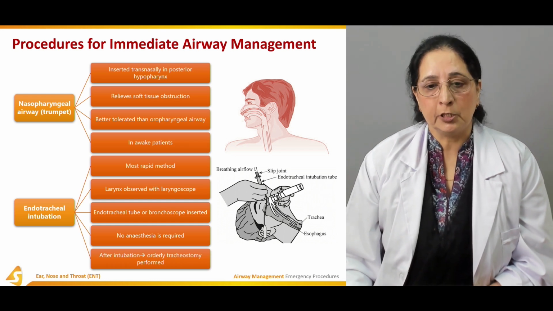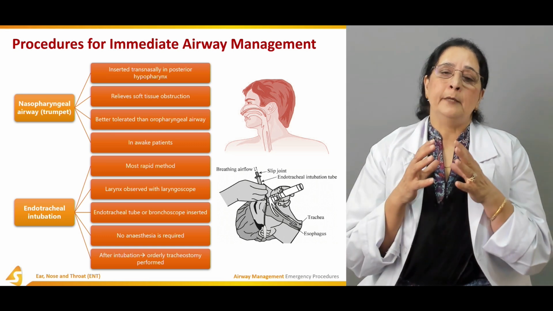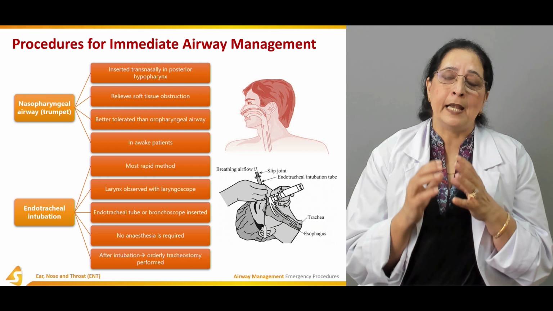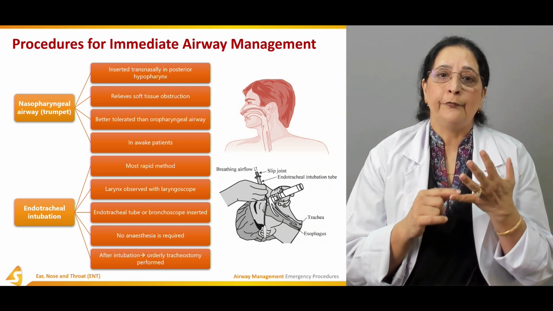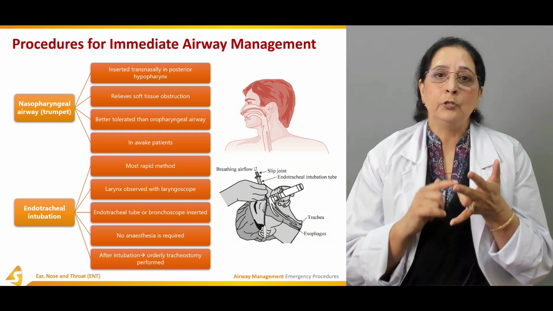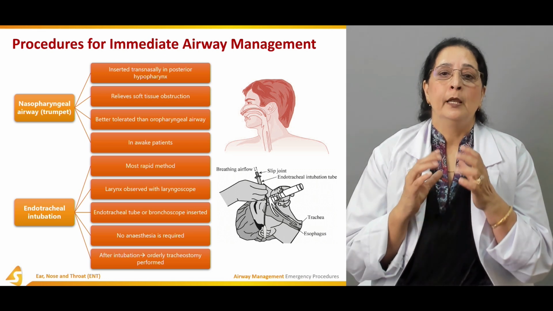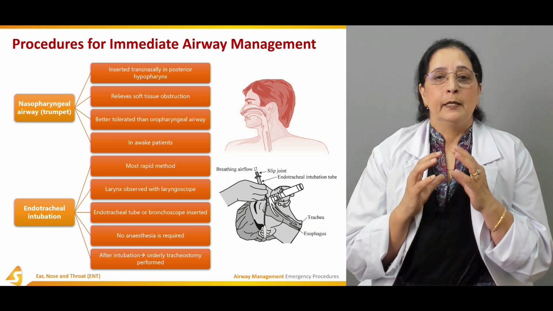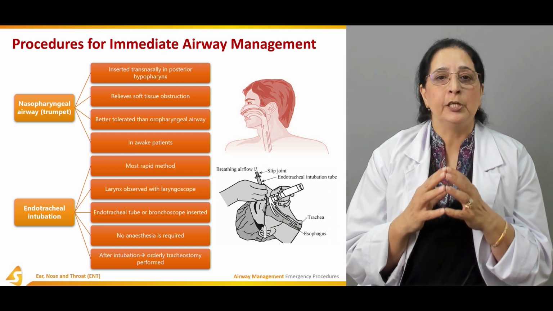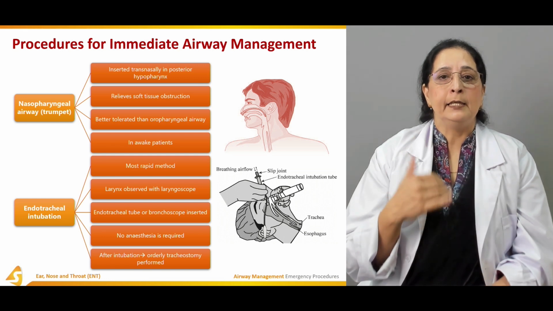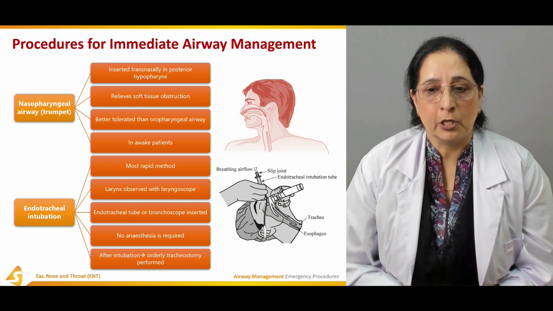After intubation, orderly tracheostomy is performed. So now in an emergency situation, we said we can do the jaw thrust, oropharyngeal airway, nasopharyngeal airway, then endotracheal intubation. Most rapid method. The larynx is observed when the intubation is performed, and then after the intubation is performed, we can do the tracheostomy.